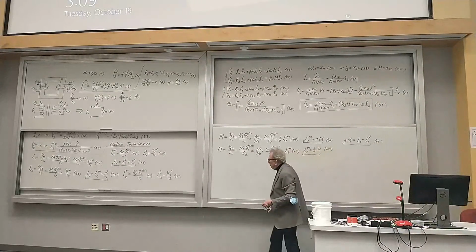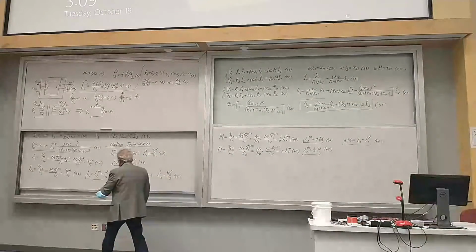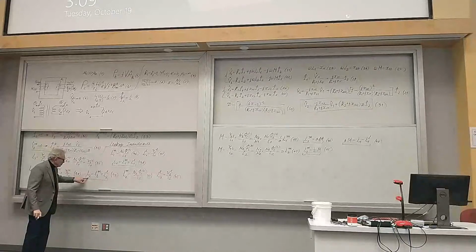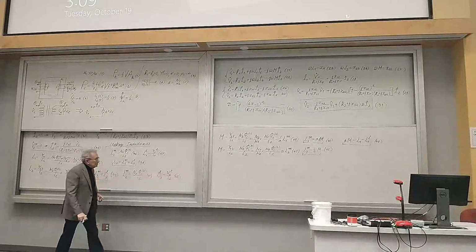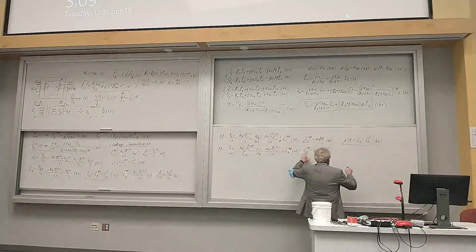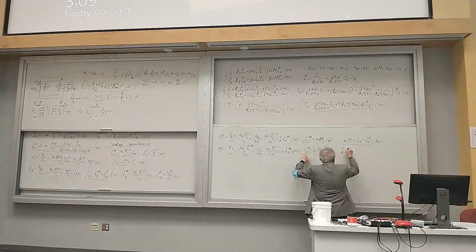Similarly, I will go back to this formula, and the secondary main inductance will be the difference of the total secondary inductance and the leakage secondary inductance. But this difference is equal to 1 over a times M.